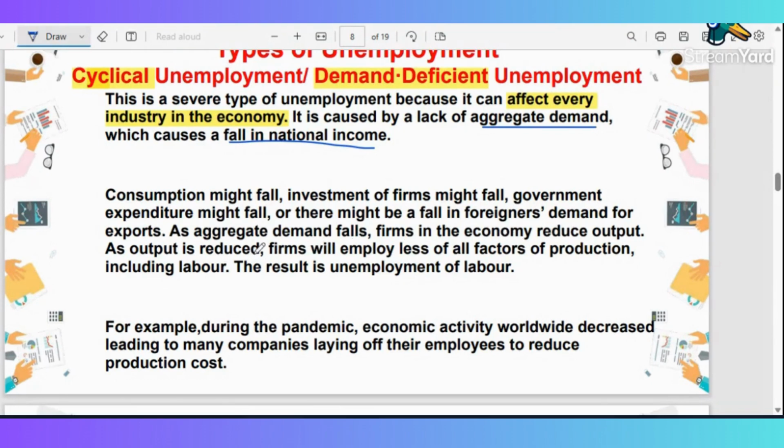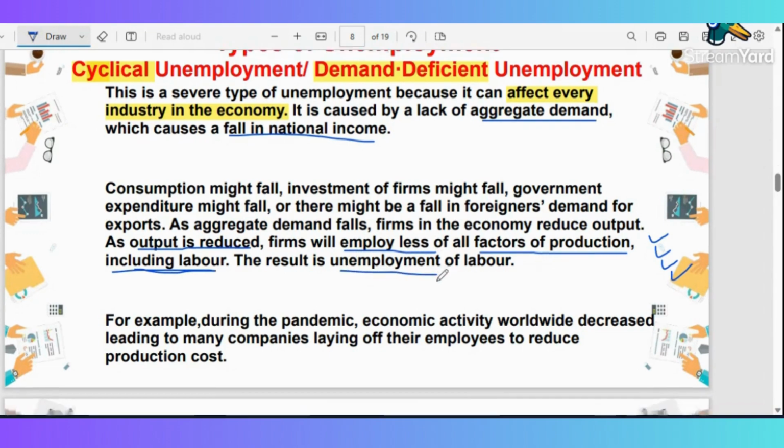As the output is being reduced, firms will employ less of all factors of production, and we did say that factors of production are land, labor, capital, enterprise or entrepreneurship. So as the output is being reduced, firms will employ less of the factors of production including labor, and this will result in unemployment.